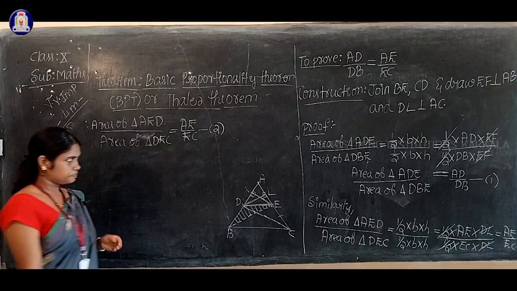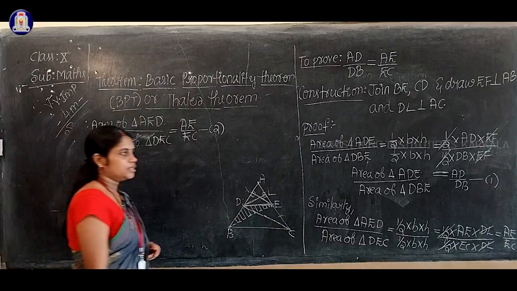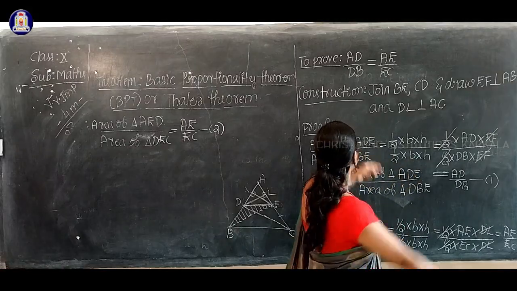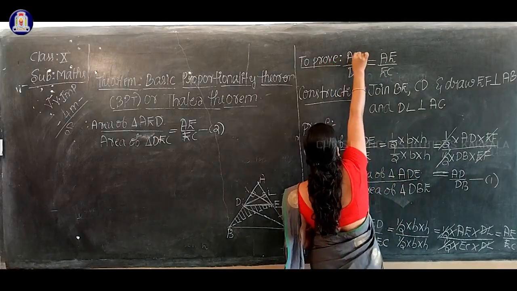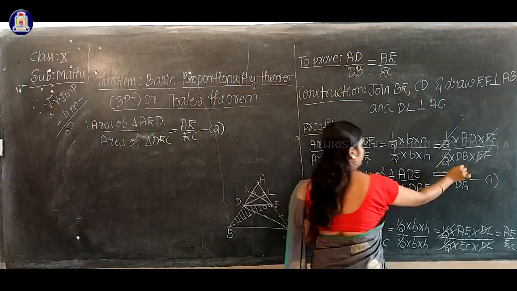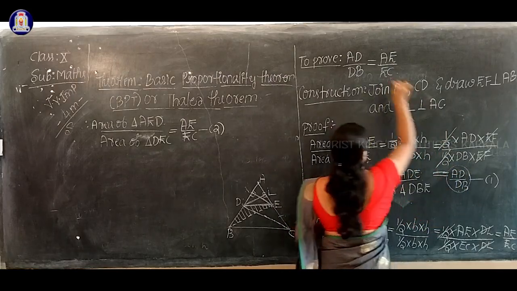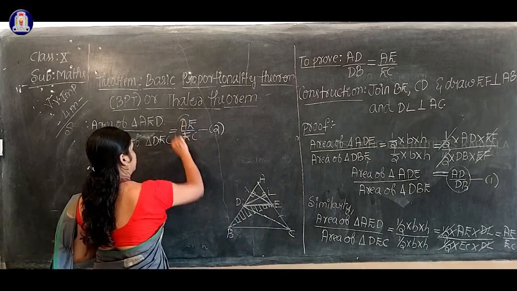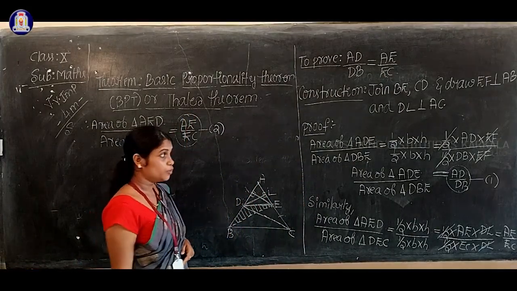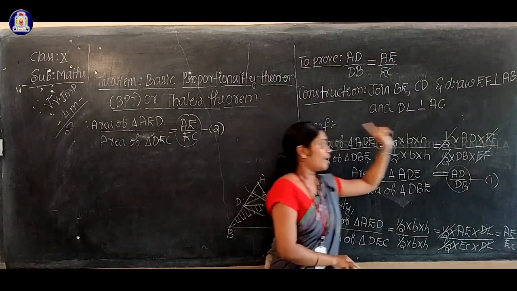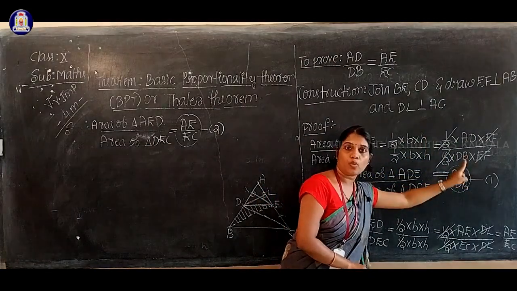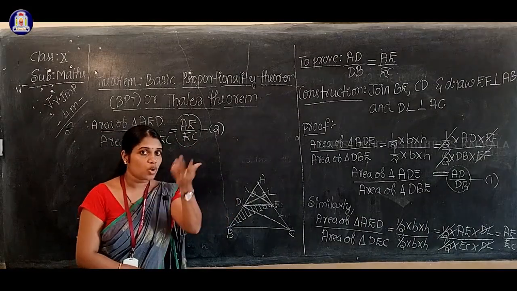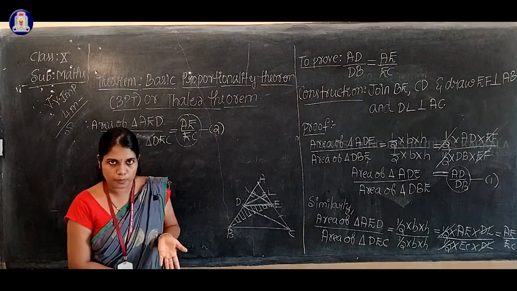Before that, our intention is to prove what? AD by DB equal to AE by EC. Means we have to prove the right hand side of equation number 1 and the right hand side of equation number 2 are equal, isn't it?